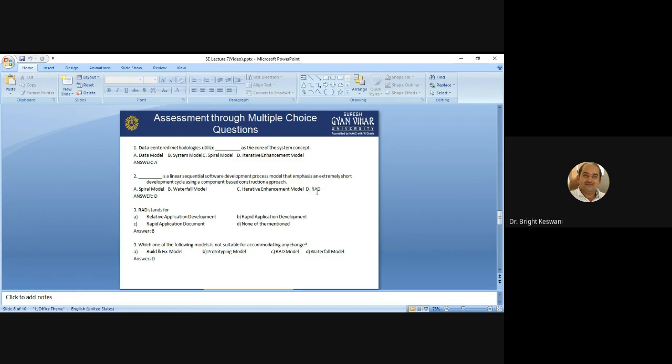So the answer is the rapid application development model. When we are looking for development in a short time, then the short development cycle is known as the rapid application development model. RAD stands for rapid application development. That is B, the right answer.